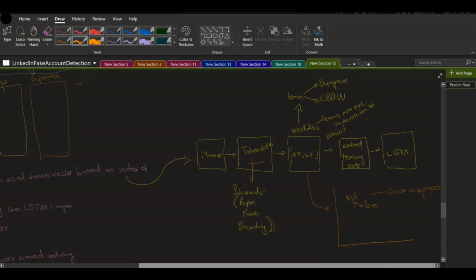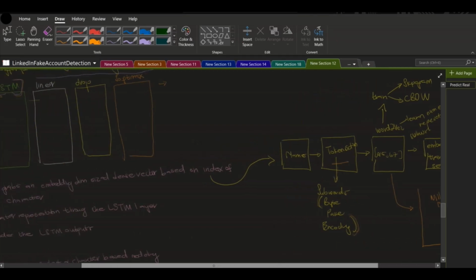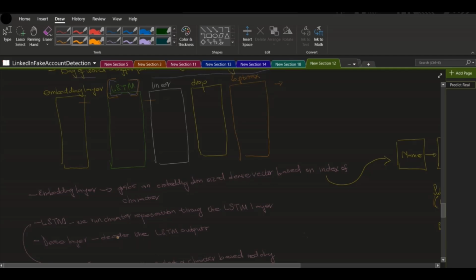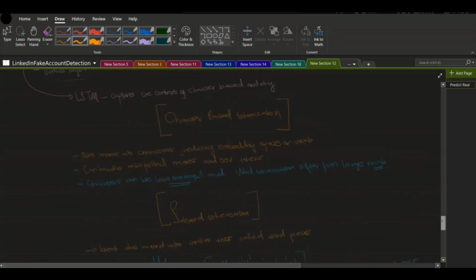We definitely know that we can't use Word2Vec because these are more like names. It's not like we're trying to embed words or something like that. But maybe we can, I'm just thinking from a character perspective. So we can train an LSTM after we have trained our subwords. The second optimization that we can do is to have a dense layer after the LSTM to decode the LSTM outputs. So that's another thing that we can do.